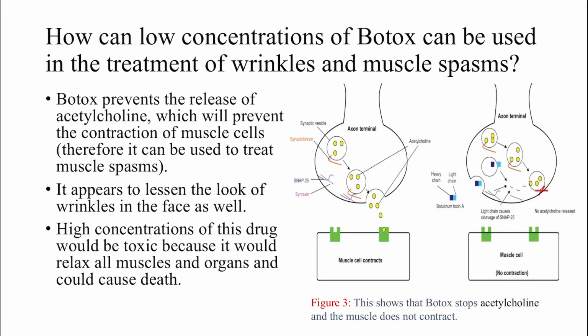In this figure, you can see that the acetylcholine gets released and your muscle cells can contract. But when you add the Botox toxin into the cell, it prevents the release of the acetylcholine, which then means the muscles cannot contract anymore.